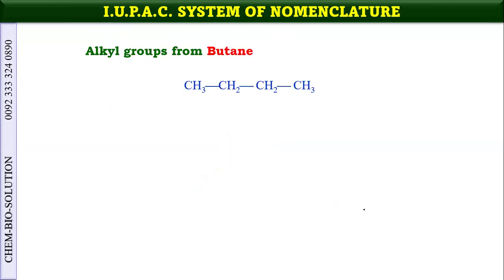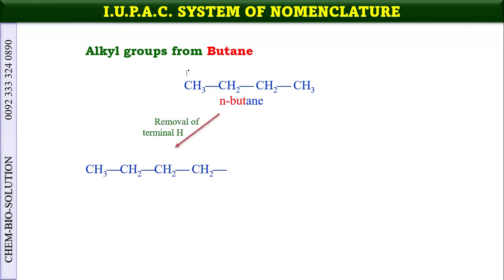Now, butane. This is n-butane because this is the straight chain butane. Again, here it is a 1-degree carbon atom. It is also a 1-degree carbon atom, but both of these are 2-degree carbon atoms. So when hydrogen is removed from a 1-degree carbon atom, this is called n-butyl.